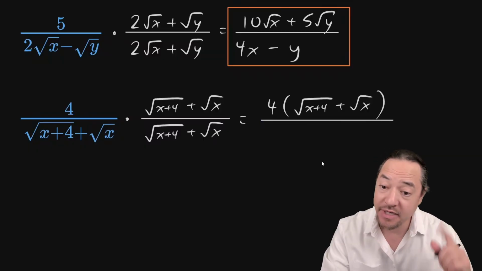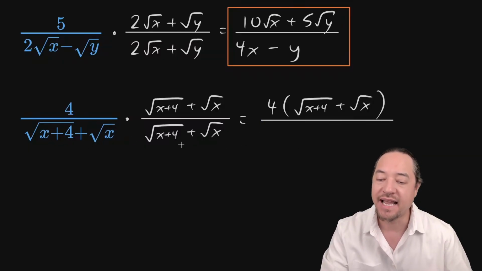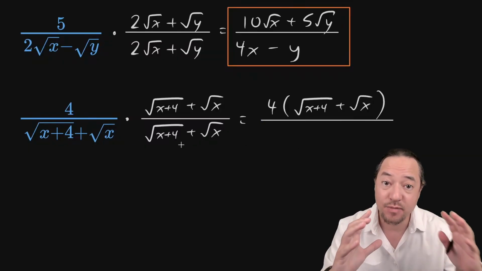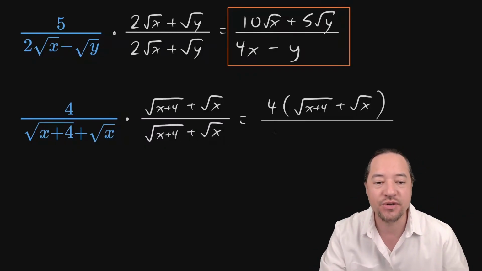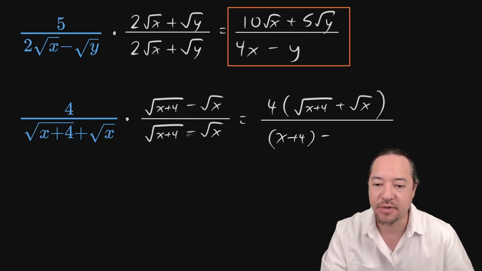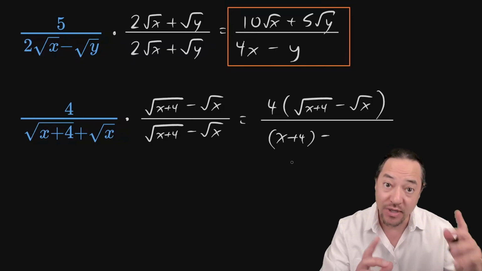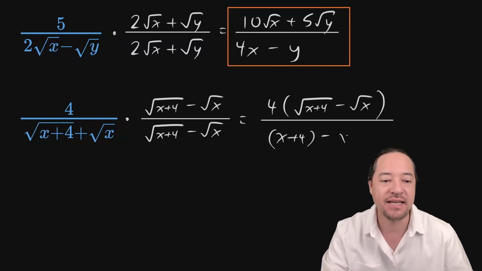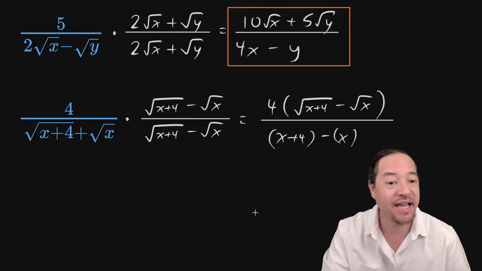And now in the denominator, we'll get root x plus 4 squared, which is just going to be x plus 4 minus, oh, sorry, I messed up here. The conjugate should be a minus, shouldn't it? Minus root x squared, which is just going to be x. So that's what we have over here.